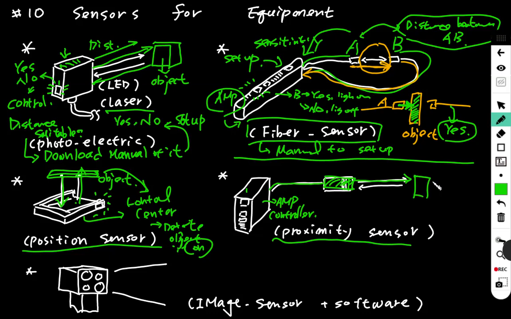If there is an object here, it will reflect to the head. Then the amplifier will know if there is an object approaching.